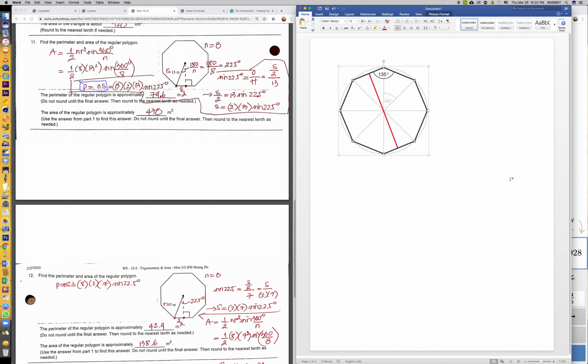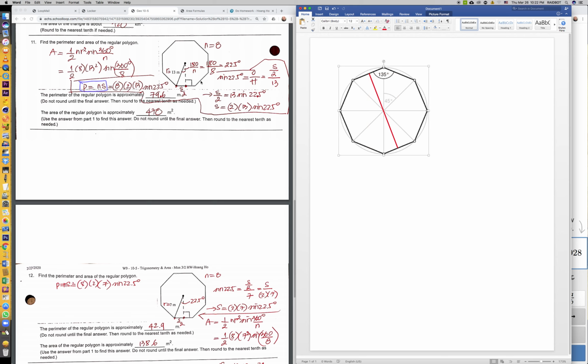Here we go. So this is the octagon. So when you connect the opposite vertices together, they meet up at the center of your octagon, and you have 8 angles created by 2 radii next to each other, and 360 you divide by 8, so the angle would be 45 degrees.